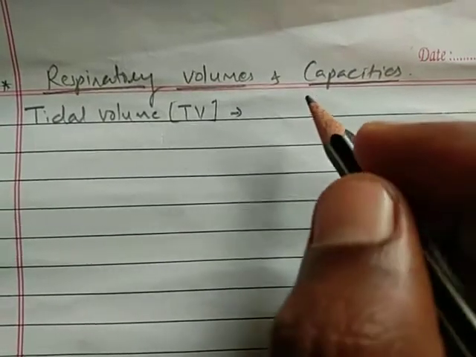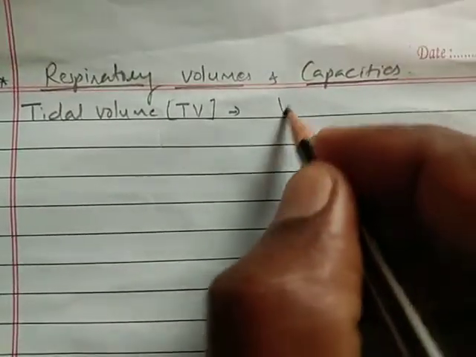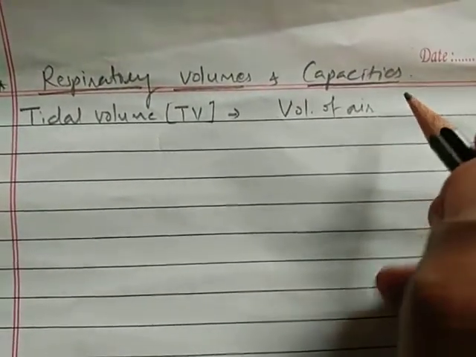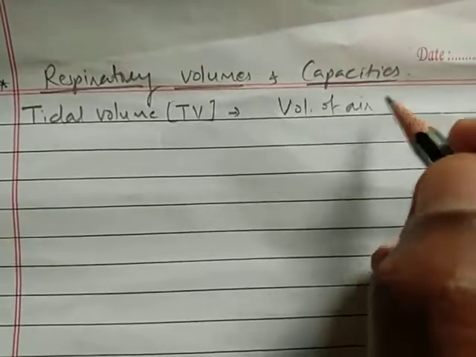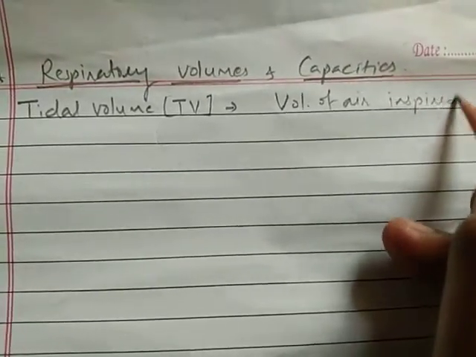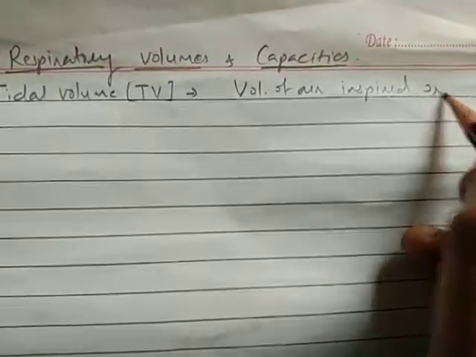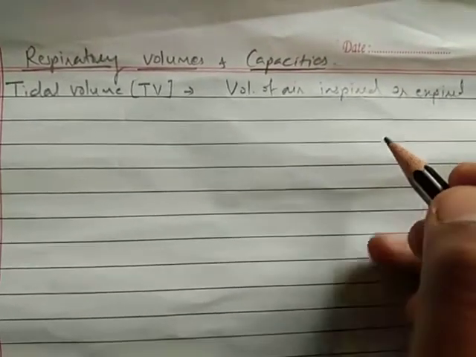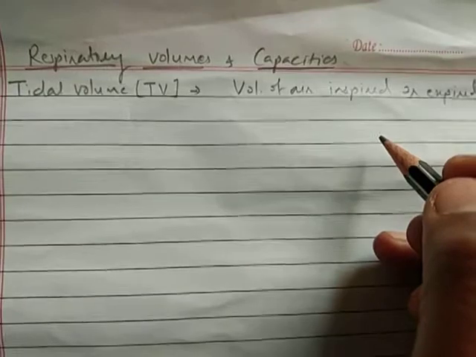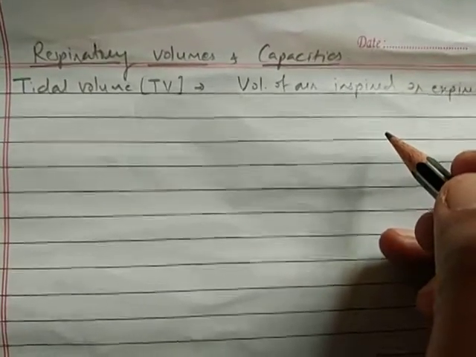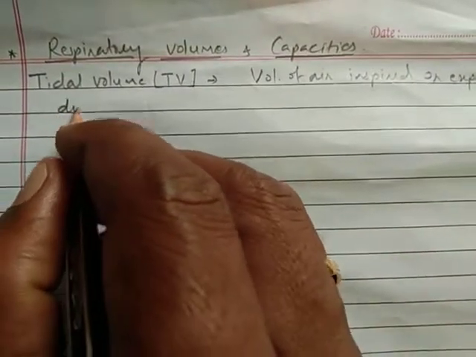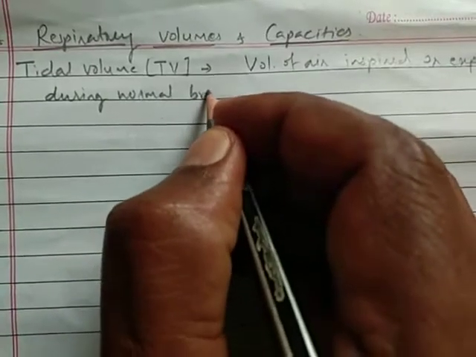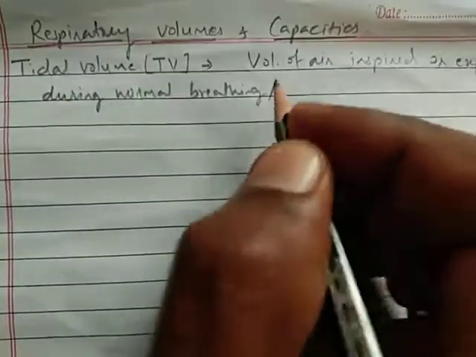Tidal volume means the volume of atmospheric air inspired or expired during normal respiration or breathing.